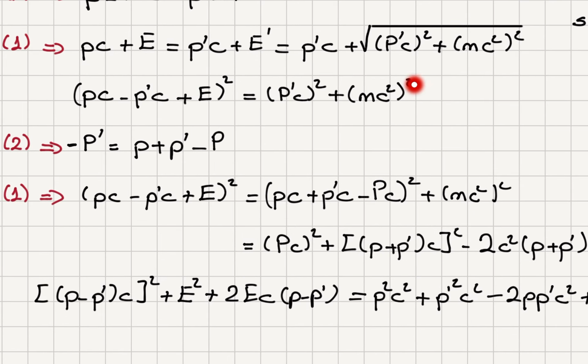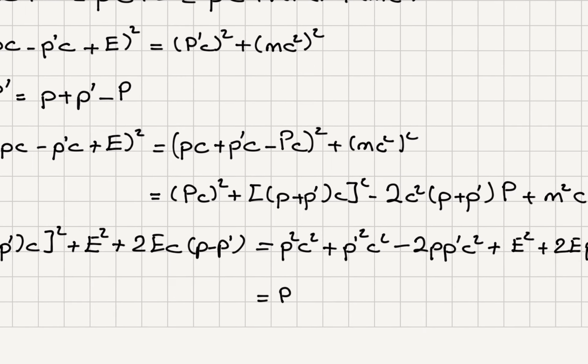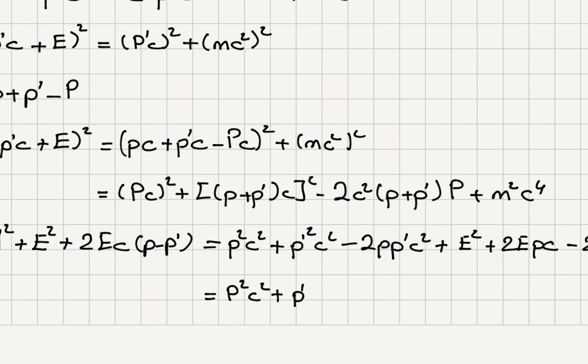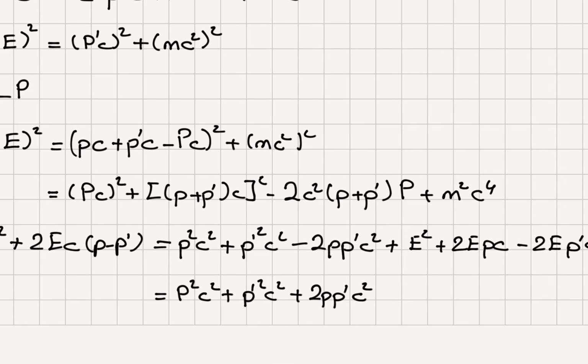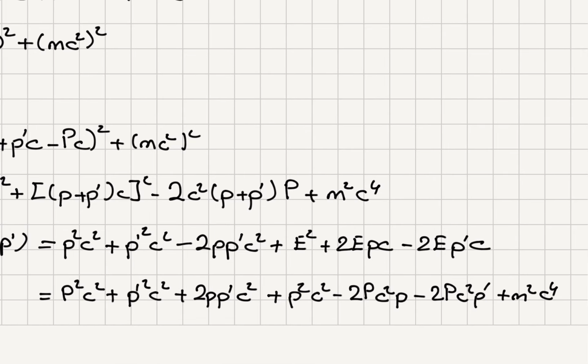That's this part. This must be equal to this part, and that's equal to capital P squared c squared plus, now I'm expanding this part, p prime squared c squared plus 2p p prime c squared plus p squared c squared minus 2 capital P c squared p minus 2 capital P c squared p prime plus m squared c to the fourth power.